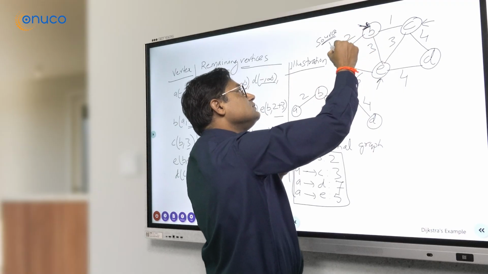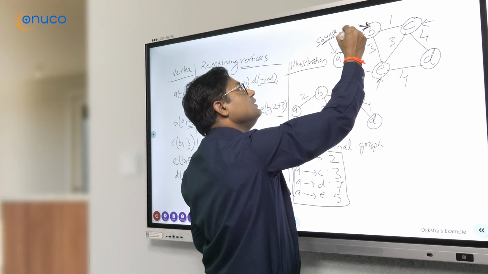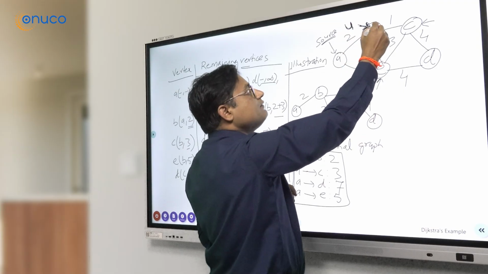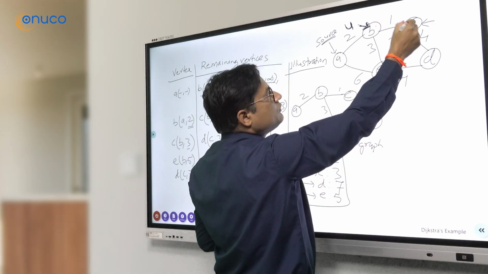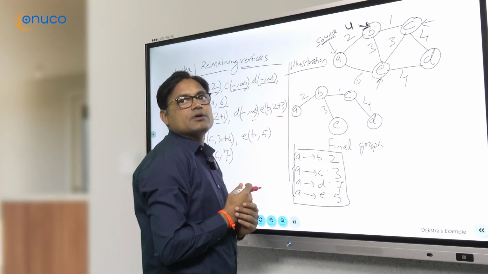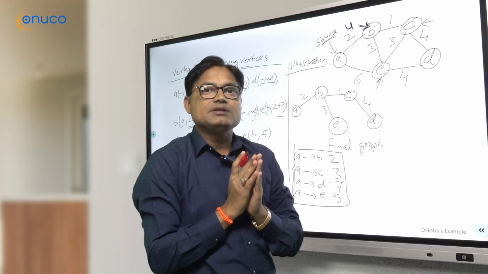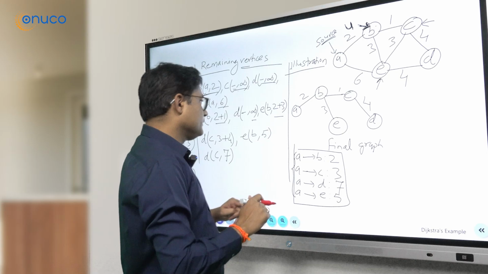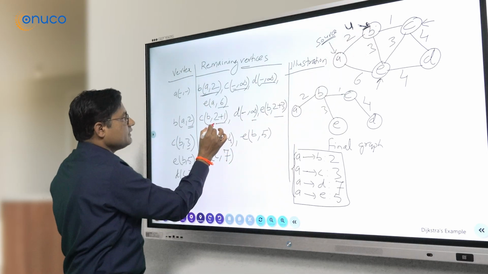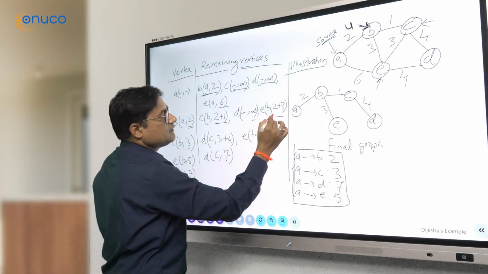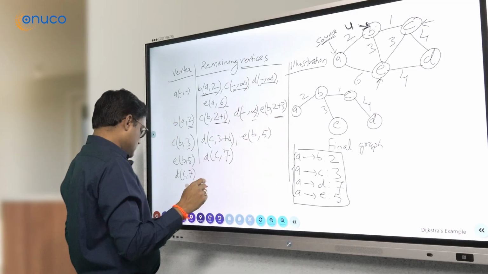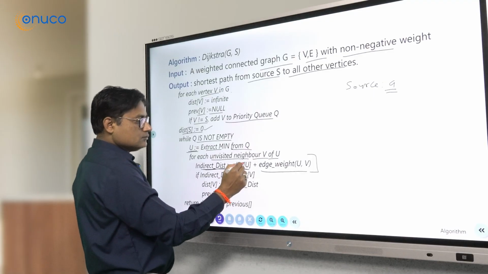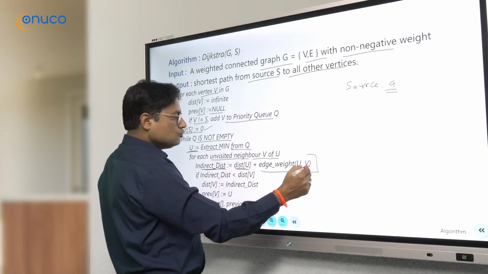So the distance from A to B is called U in your algorithm, and from B to C you compute the distance from U to V. So the sum of the distance D of U plus weight of U comma V. That is 2 plus 1, which we computed as 3. Here 2 plus 3 we computed as 5. Similarly, we represent this as distance of U plus edge weight from U to V.